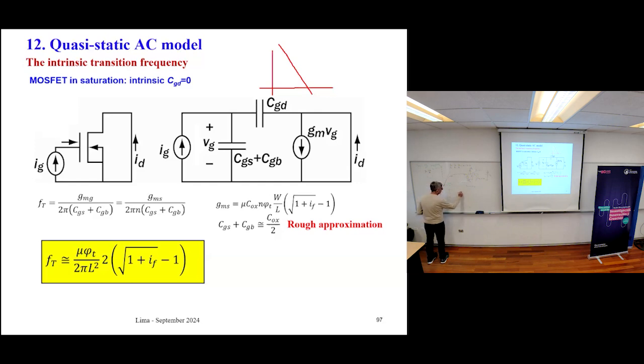You have a gain, a current gain, ID over IG, which drops at 20 dB per decade. No? And what's that FT? FT is what we call the transition frequency. This is the frequency at which the gain falls to 0 dB.